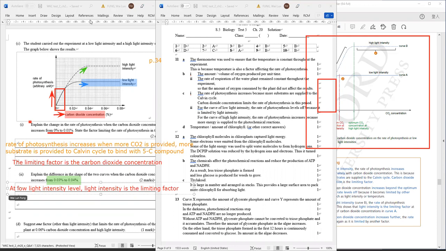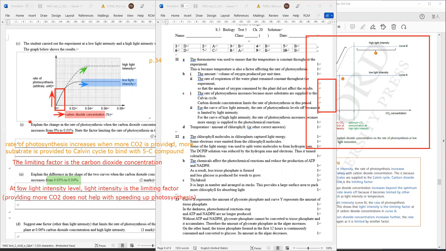I always use this phrase to help you understand: providing more CO2 does not help with speeding up photosynthesis. This is a concept that you need to know when you study the concept like limiting factor.